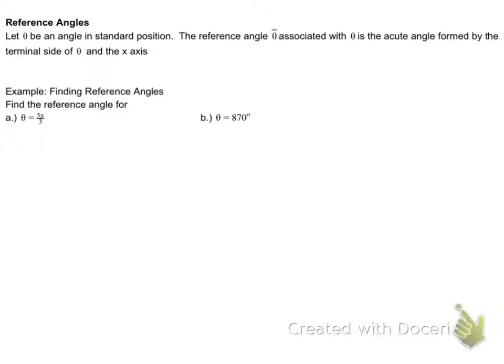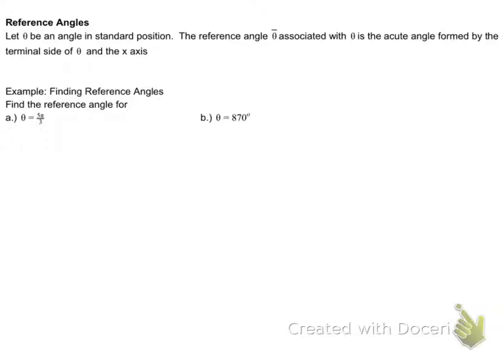Reference angles, guys. This is nothing new either. We've had reference angles before. Now they're putting it to another definition here. They're using theta, and then using theta with a bar over it. The one with the bar over it is the reference angle. From standard position, the reference angle associated with theta is the acute angle formed by the terminal side of theta and the x-axis.